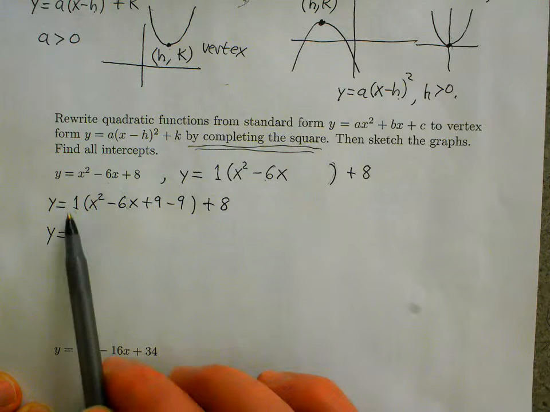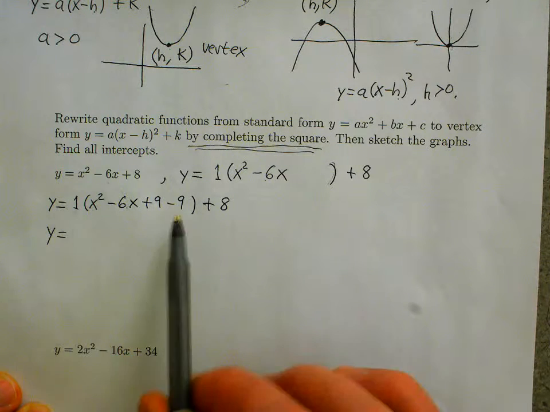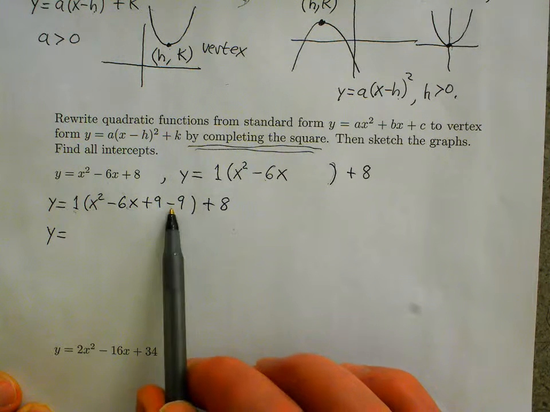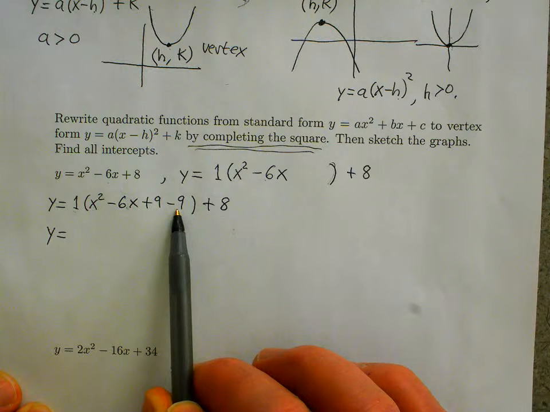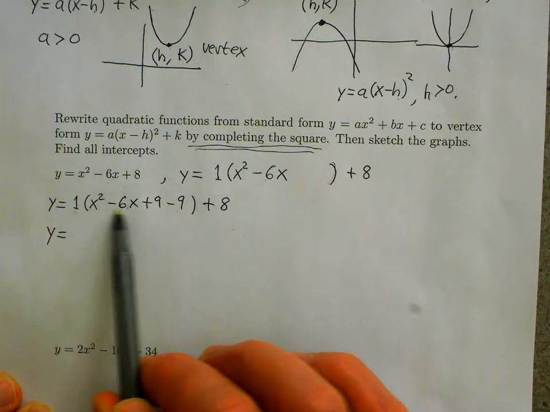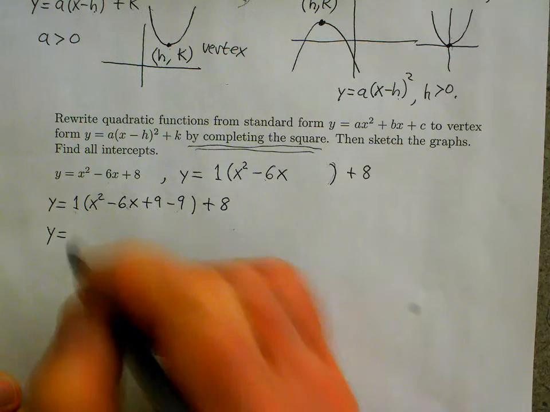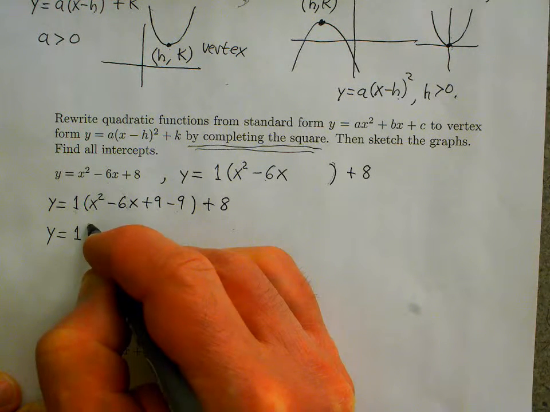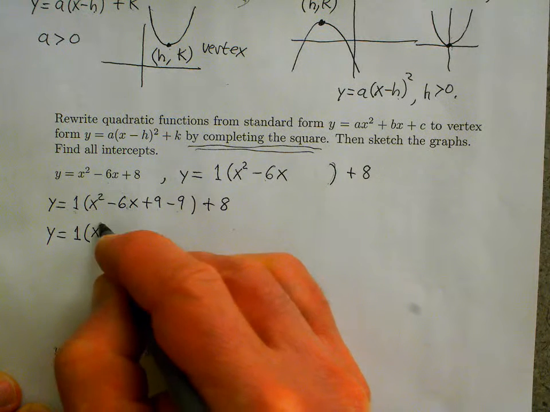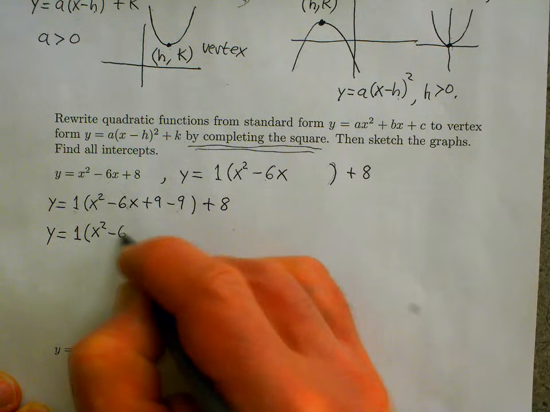I'm just using the distributive property on one of the terms that's inside the parentheses. The first 3 terms are going to stay inside the parentheses, so I'll have 1 times the perfect square trinomial x squared minus 6x plus 9.